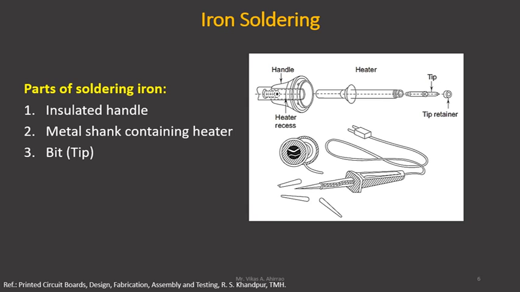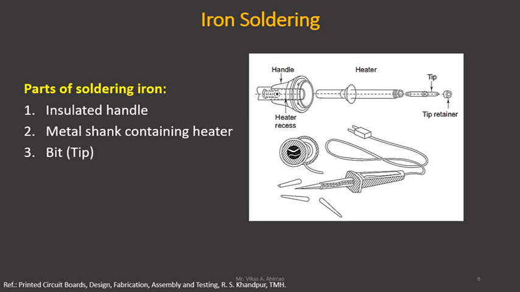The handle will facilitate the user to carefully hold the soldering iron and carry out the soldering process. It is insulated so that no thermal hazard will take place to the user.